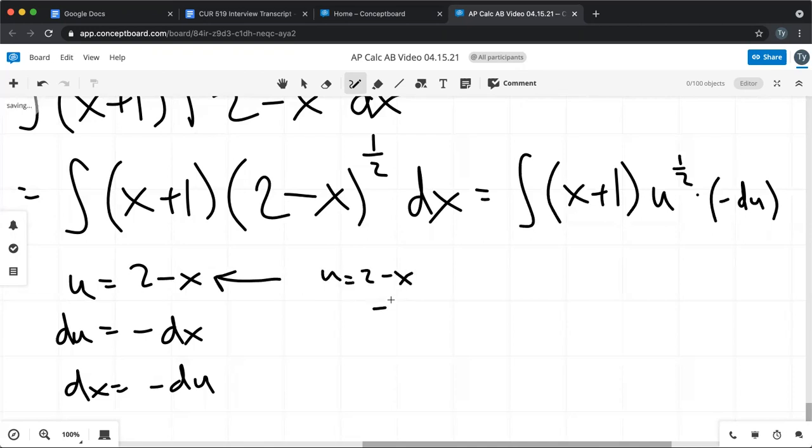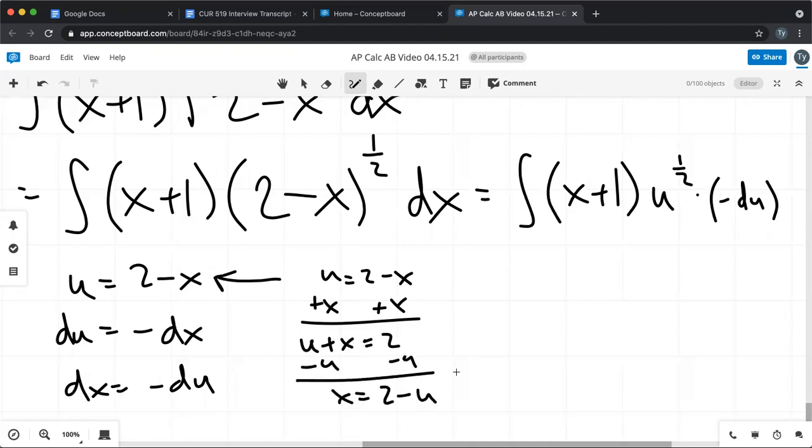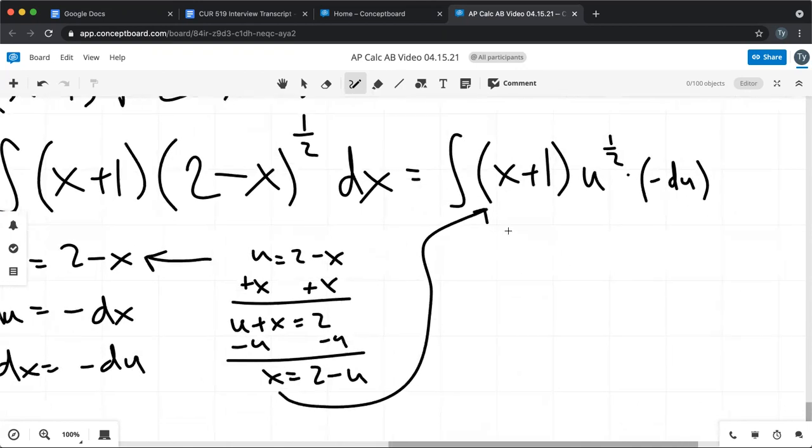So we can do that by adding x to both sides. We get u plus x equals 2. And then we subtract u from both sides. We get x equals 2 minus u. So instead of abandoning it here, let's also plug in our x, because our x is in terms of u, right? We're trying to get all u's. So let's plug in when we can.